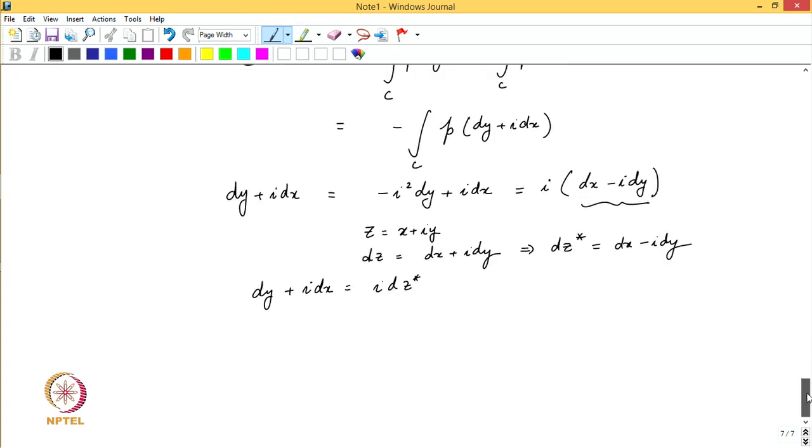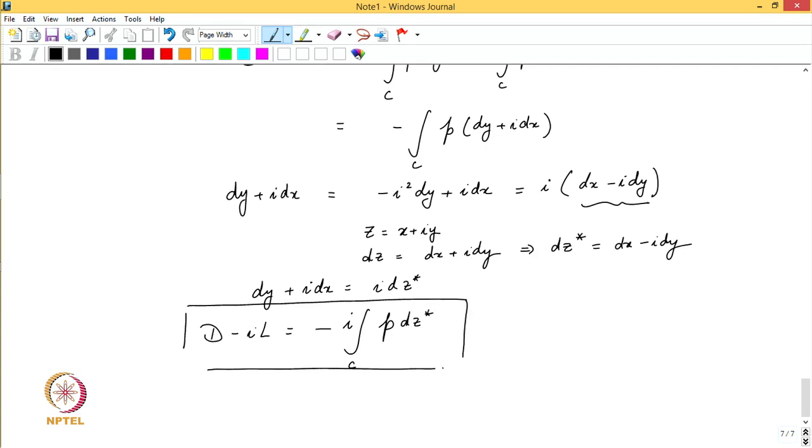So, d minus iL is minus integral of p, as I said dy plus i dx is i dz star. So, iota being a constant, we can write that this equation, if I have the pressure, should give me the force on a solid. Okay. So, this is the form of the complex force in our example.